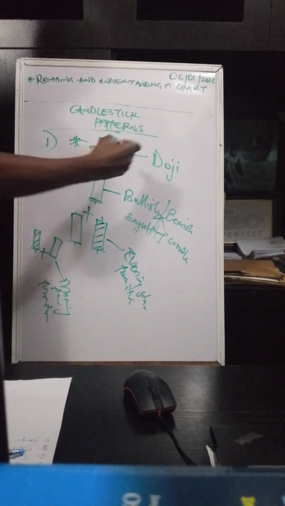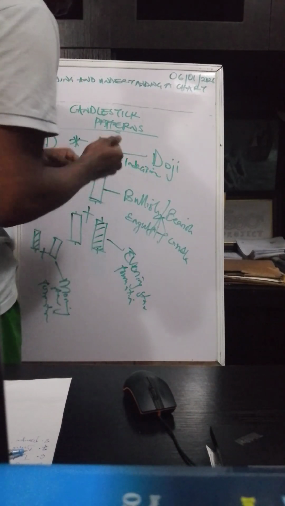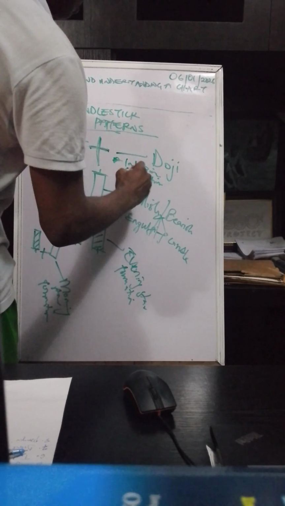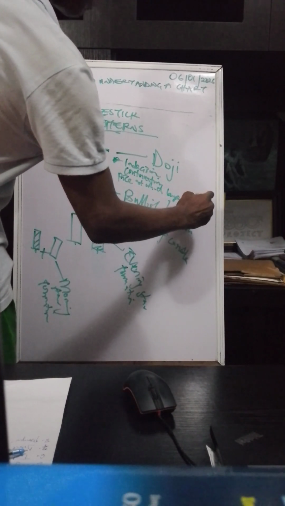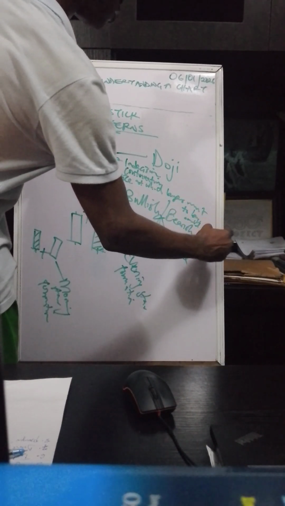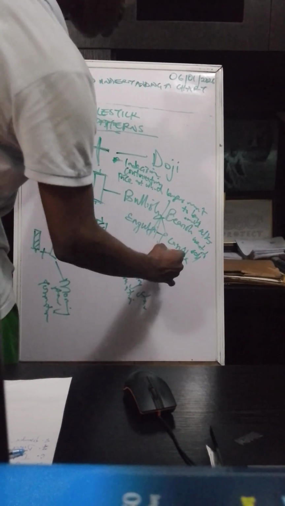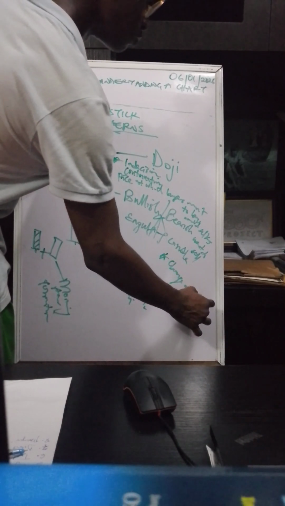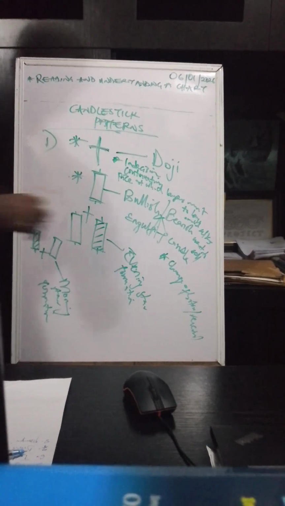So doji just shows, number one, indecision, a continuation, a price at which buyers want to buy and sellers want to sell. It is also a change of the pattern, or you can call it a reversal. Very, very simple.